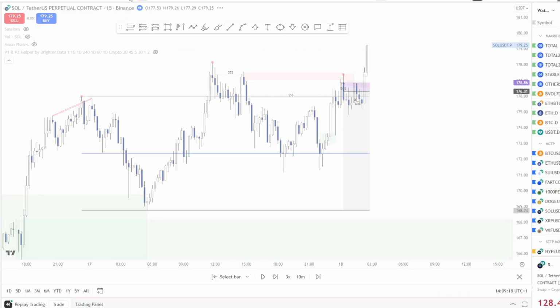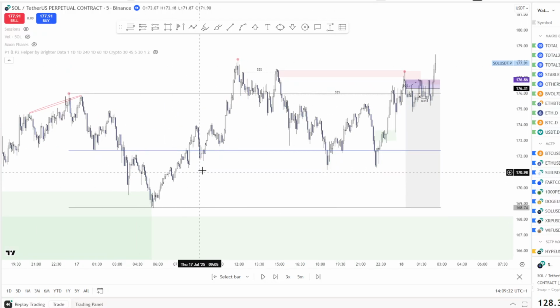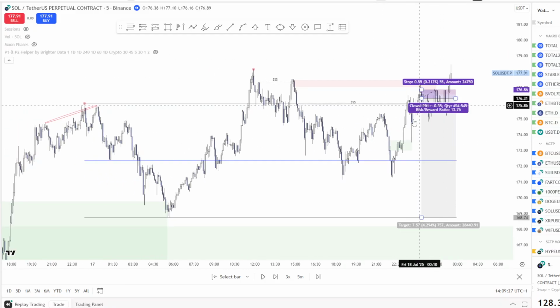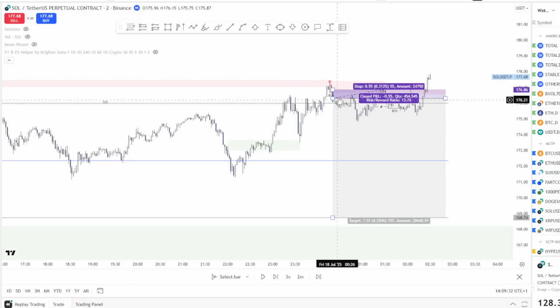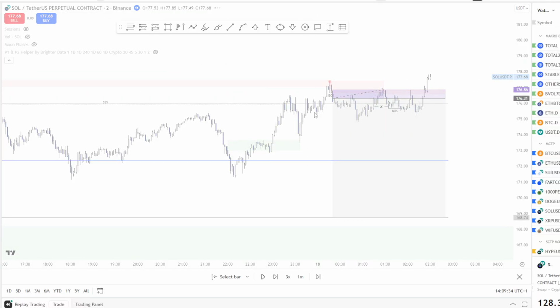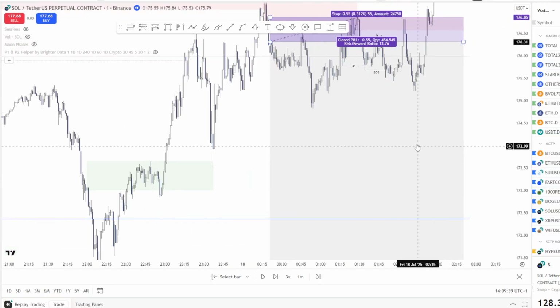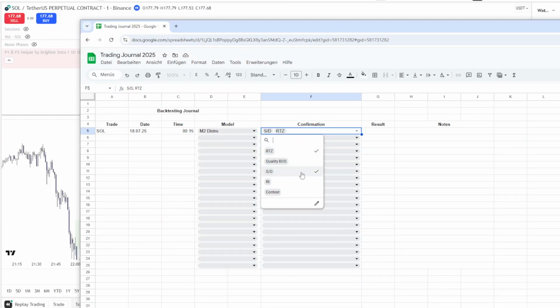But looking at this on a higher time frame, we got some lows, but the move up here was quite aggressive. So yeah, basically here was some sort of return to zone. It was worth a shot, but yeah, we failed to go down. That's how it goes. So it was more like the break of structure.